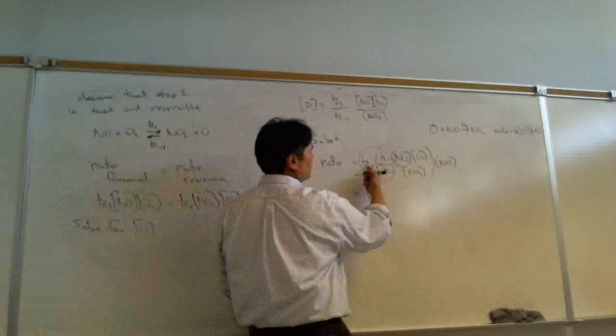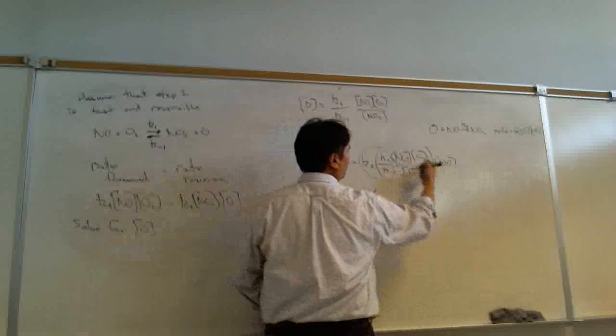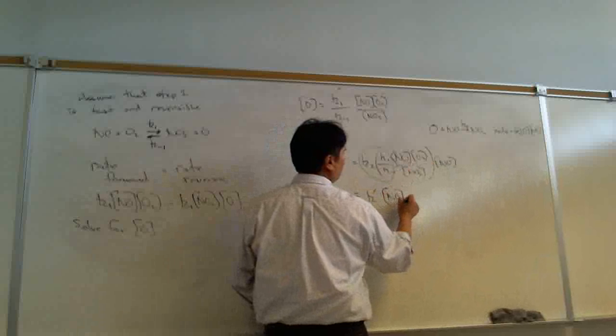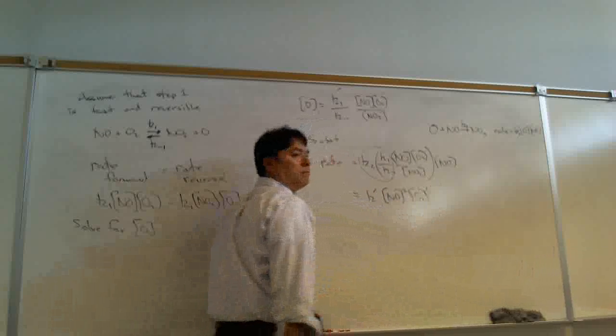So K prime is just K2 times K1 divided by K minus 1. And then I'm going to combine the two NO. So this is going to be NO second order, O2 first order.